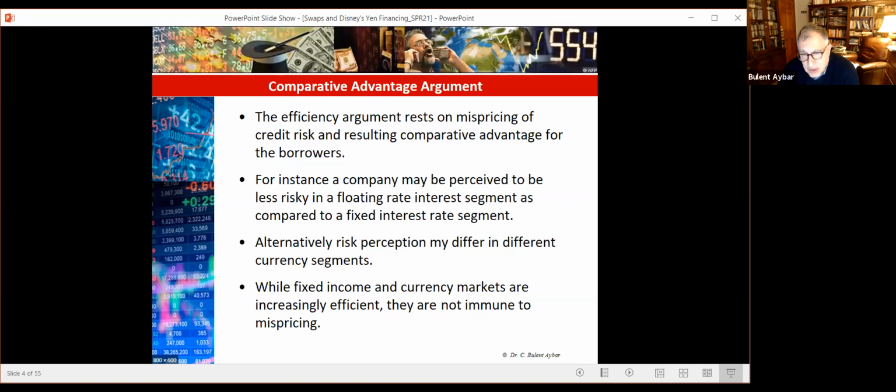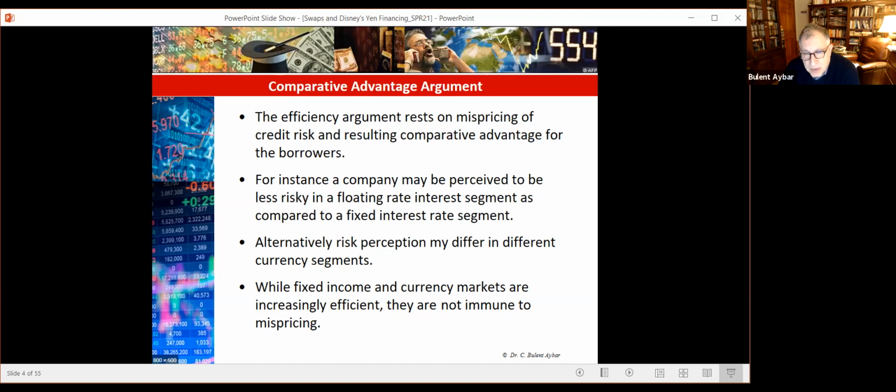The efficiency argument rests on the mispricing of credit risk and the resulting competitive advantage for the borrowers. What I mean by competitive advantage is that in a particular interest rate segment or currency segment, mispricing creates an opportunity for the players to borrow at a lower cost by taking advantage of those mispricings.